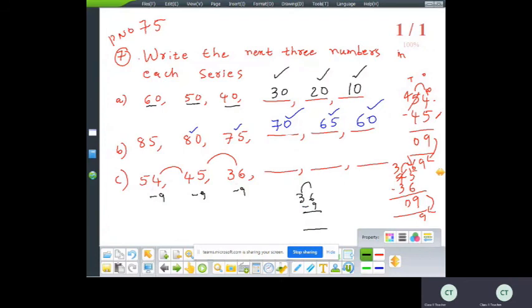We want to borrow, that is 10. 10 plus 6 is 16. 16 minus 9 is 7. We took 1 ten from 3 tens as borrow. 3 minus 1 is 2. 36 minus 9 is 27.